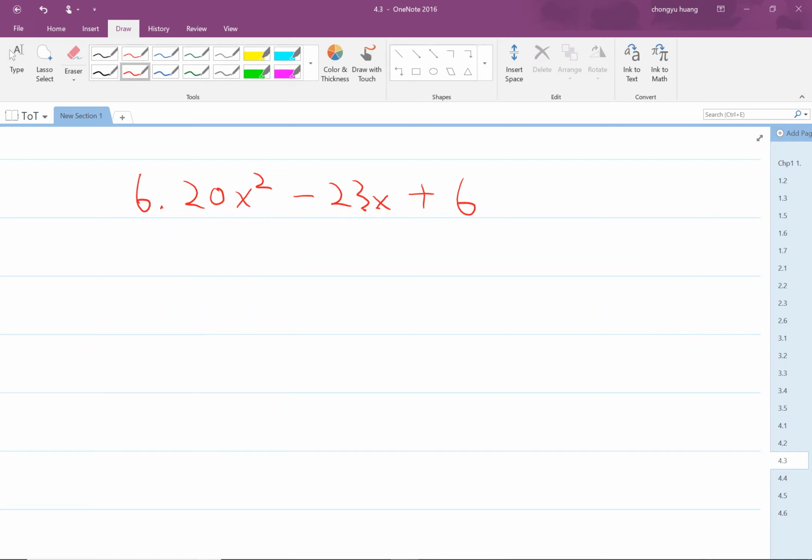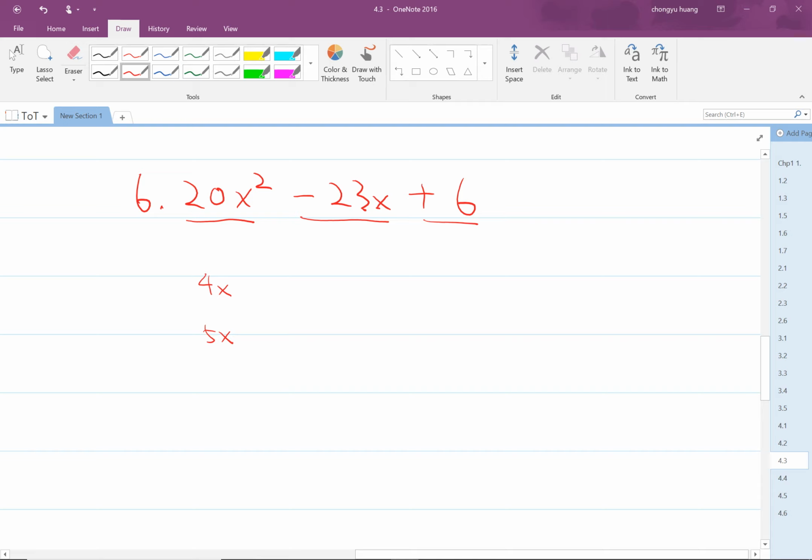Okay, so over here for question 6, what we have is 20x squared minus 23x plus 6, right? At the beginning, you have a 20x squared. So let's try 4x and 5x first.